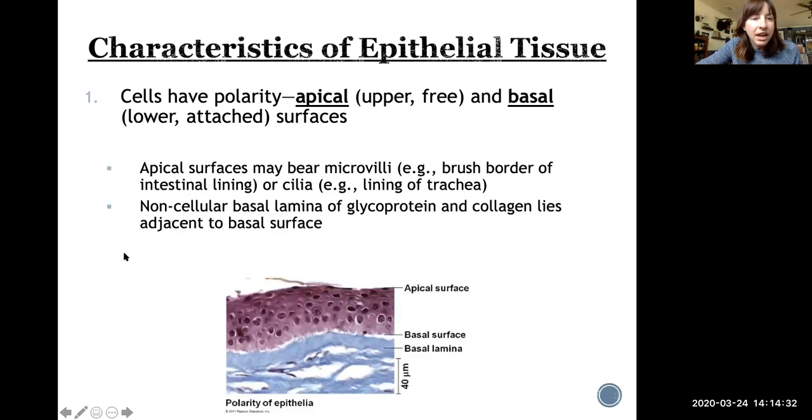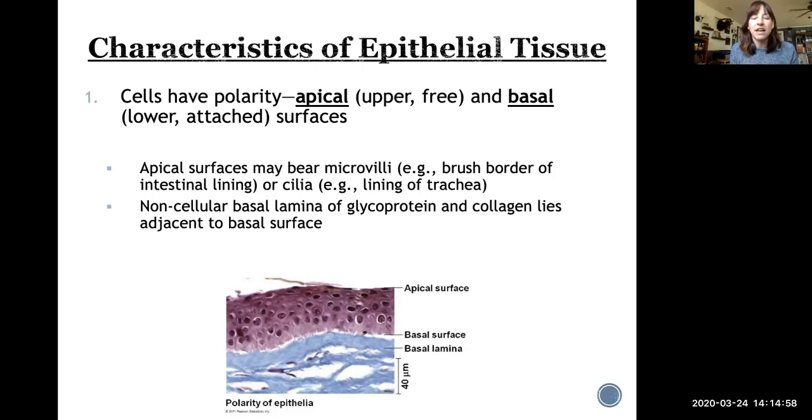Okay, characteristics of epithelial tissue. So you've got two different locations where you can find it as a lining covering external parts of your body or parts of your body that are exposed to the outside world, and glandular epithelial tissue. All epithelial tissue has an upper and a basal surface, okay?